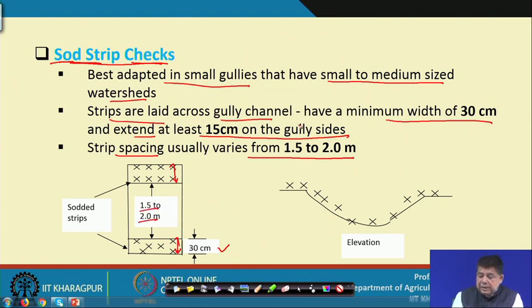As already mentioned, not only the channel bed or gully bed, but the strips are also extended to the sides, so that the sides are also protected. So, there is no erosion or soil sediment coming from the sides into the channel bed. This is what we have to be careful about.